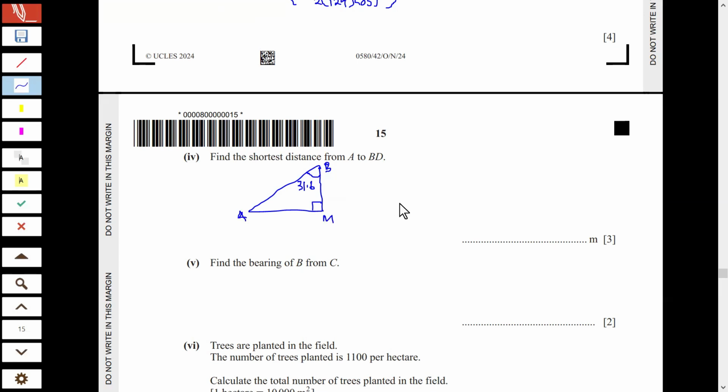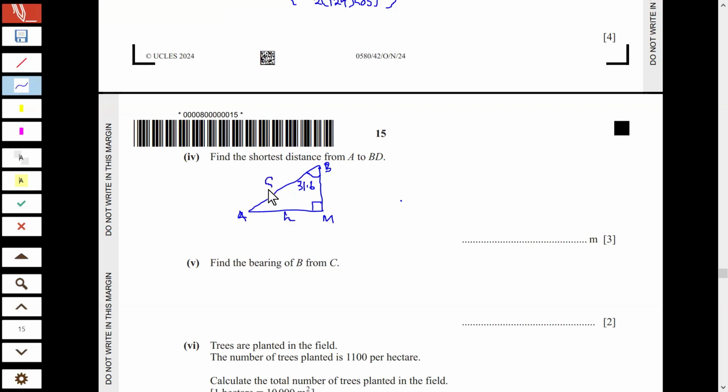We now have to find this part. We can call this the height. So this is the height.